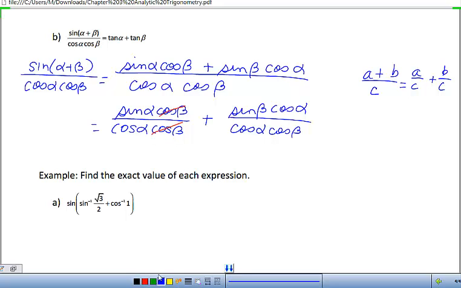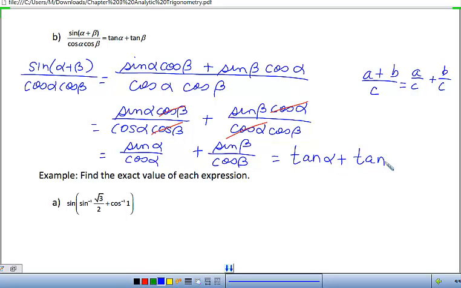We get sine alpha over cosine alpha, and then sine beta cosine alpha over cosine alpha cosine beta. The cosine alphas cancel out. And so we're left with sine beta over cosine beta. And of course, we know sine over cosine is tangent. And so we have tangent alpha plus tangent beta.